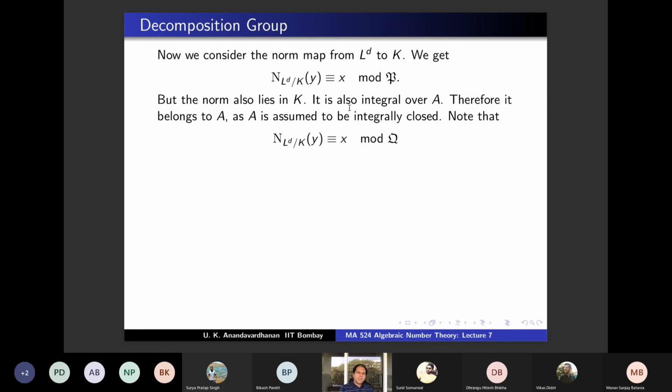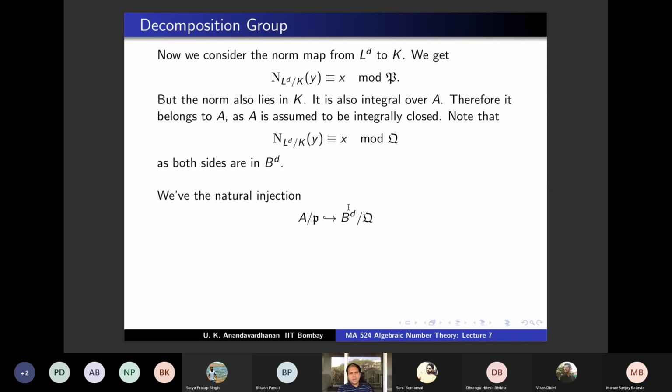But now you are done. What do you have to show? Both sides are in BD, and we wanted to show that this natural injection is surjective, right? That's what we had to show. Our claim is that these two sets are equal. This is anyway an injection, so this natural injection is surjective.